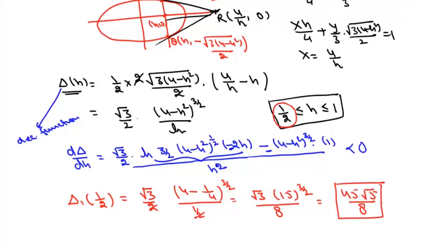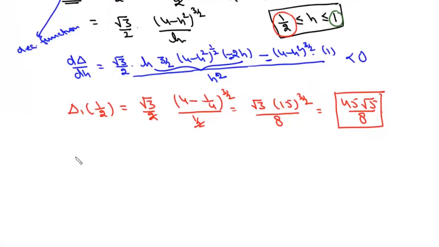And for delta 2, we'll simply put h as 1. So delta 2 will be when the value of h is 1, and if you put h as 1, it will be root 3 by 2, and here it is 3 to the power 3 by 2 upon 1, which is 9 by 2.